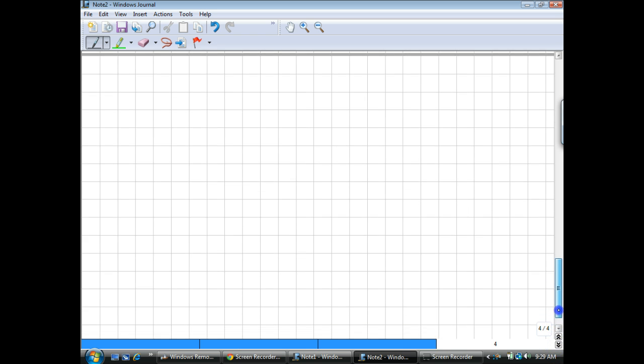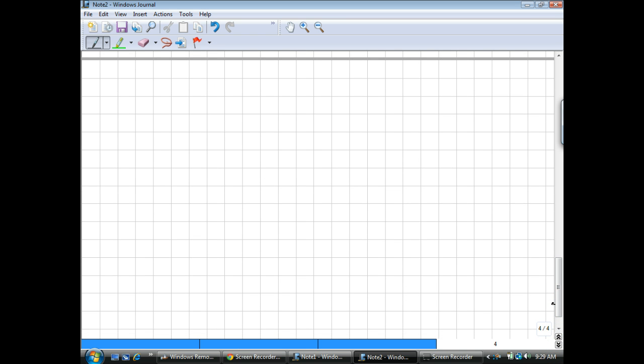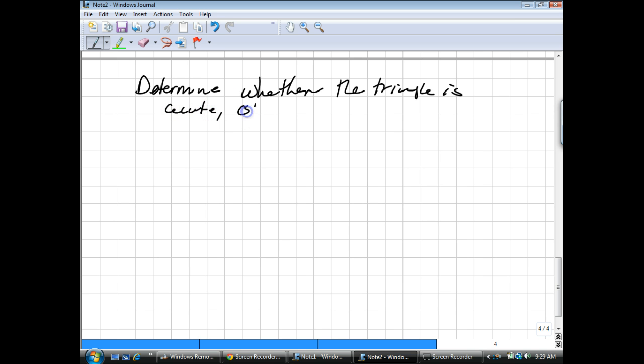Okay, so let's look at some examples. Determine whether the triangle is acute, obtuse, or right.